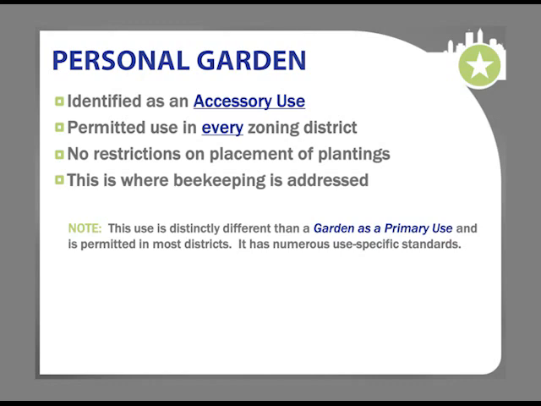If you're interested in that garden as a primary use, I recommend that you check that out separately in the definition of garden, look in the use table to see where it's permitted, and then look at garden as a primary use and its use-specific standards. But let's go back to the personal garden.